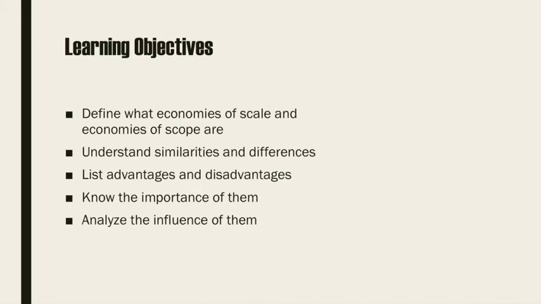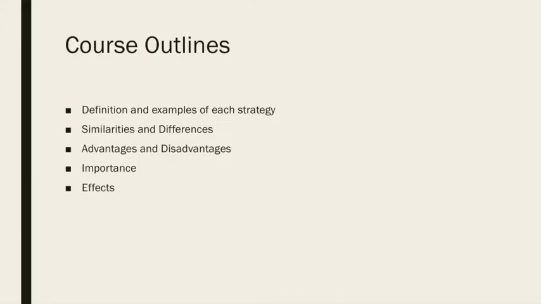I list some main points of learning objectives. After taking the mini course, students will know all of them directly and specifically. In this mini course, first I will introduce the definition of both economics of scale and economics of scope. Then I will use clear examples to explain each strategy specifically.